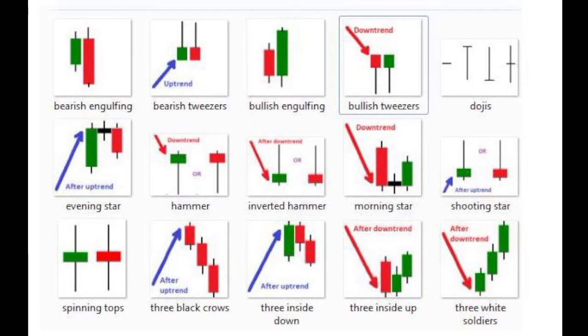If they're a little bit fatter, then I'll call that a spinning candle or spinning top candle. Really, if you ask three different people what's a doji, what's a spinning top, what's a hammer candle, you're going to get three different answers.